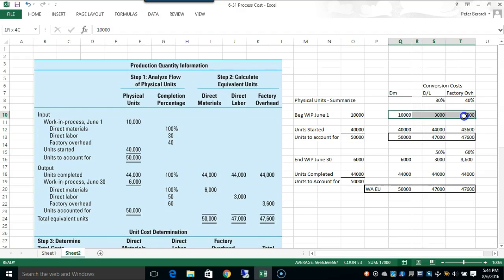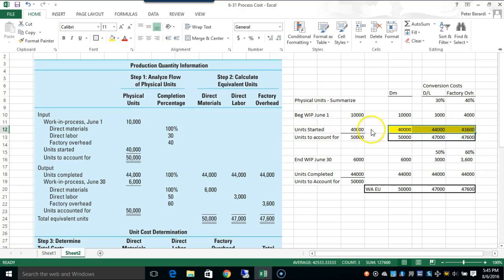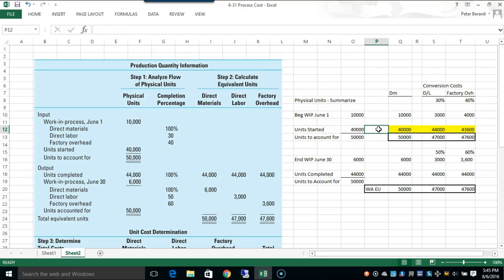And so your FIFO equivalent units have been calculated. And there you have the equivalent units for weighted average, and this will be your equivalent units for FIFO, because it's based on current production only.